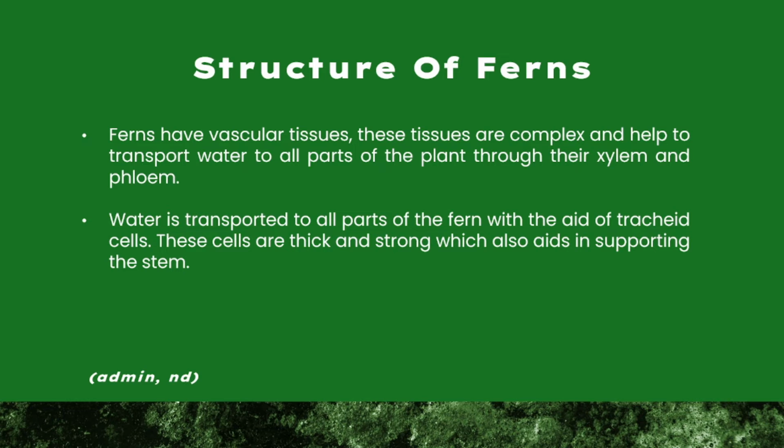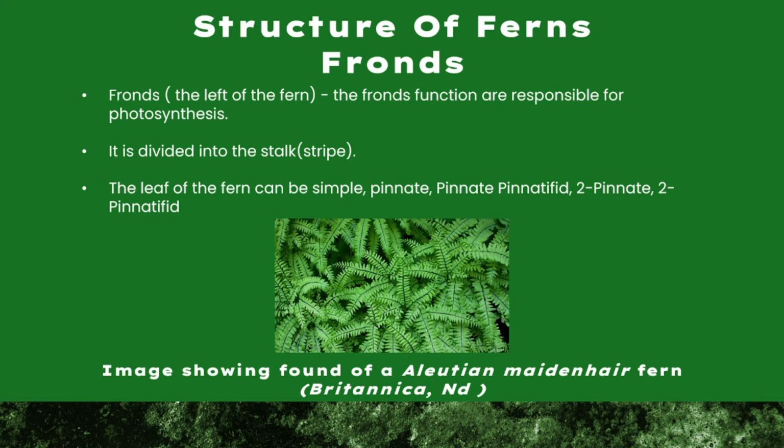Water is transported to all parts of the fern with the aid of tracheid cells. These cells are thick and strong, and they also aid in supporting the stem. Continuing with the structure of ferns, the leaves of ferns are known as fronds.